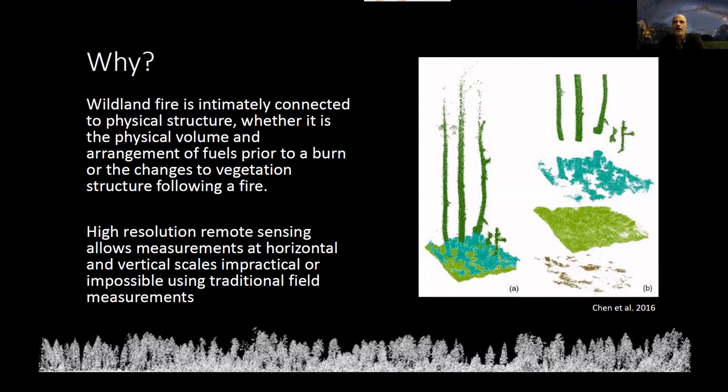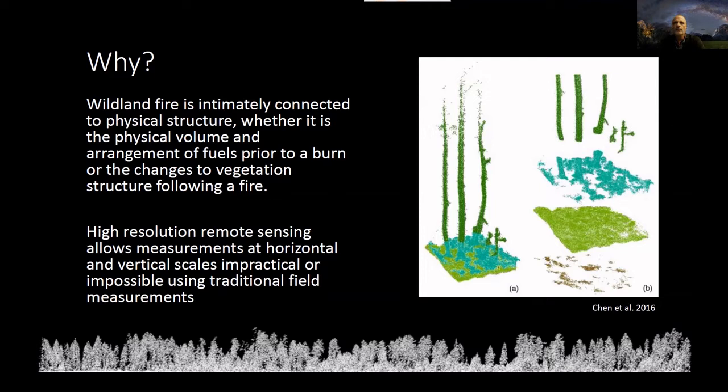Although our eyes can often identify the species, the algorithms to do this reliably from these types of data are still poor, although it can be combined with other data to get at species. But as I say, wildland fire is intimately connected to physical structure, whether it's the volume and arrangement of fuels prior to a burn or the changes to vegetation following a fire.